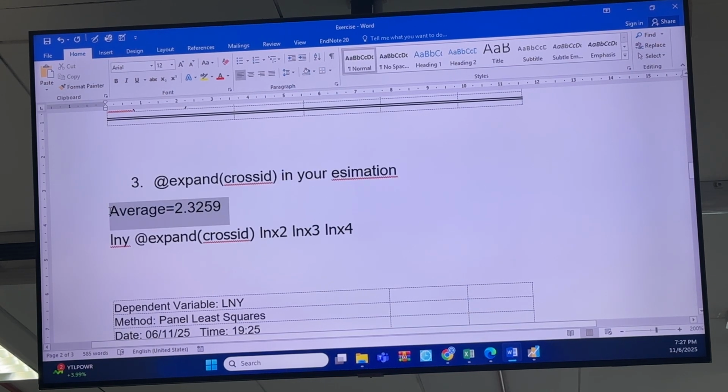Am I right? This is the average. Are you okay?